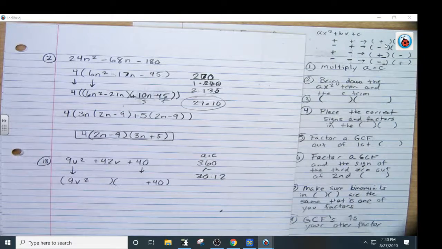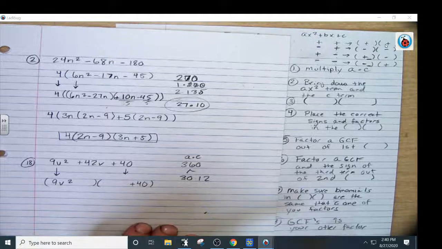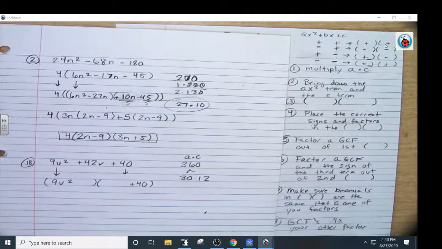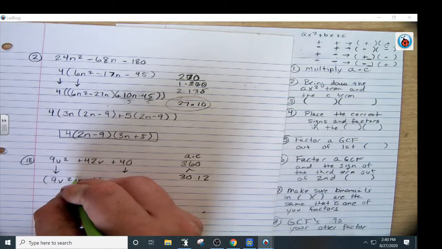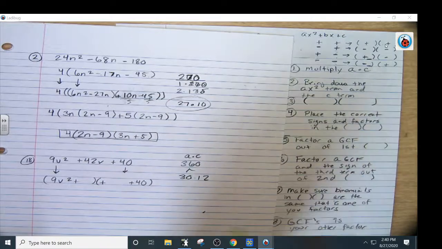Okay? 30 times 12 is 360. 30 plus 12 is 42. Okay? Now, guys, this should be easy. What's the signs going to be? Since it's plus, plus. Plus, plus, right? Good. Does it matter where you put them if they're both the same signs? No, don't matter.